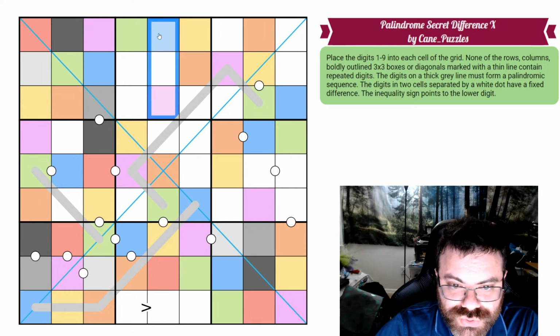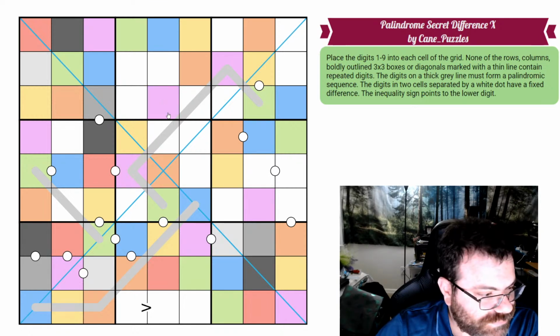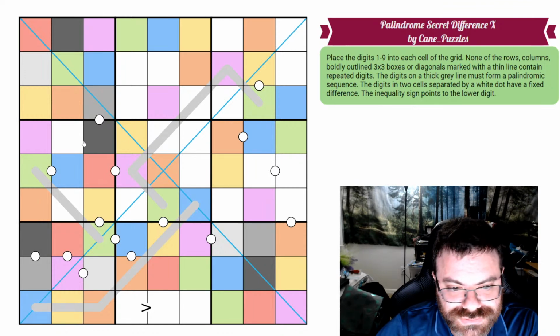Red in box 2. I don't see that. Light gray.